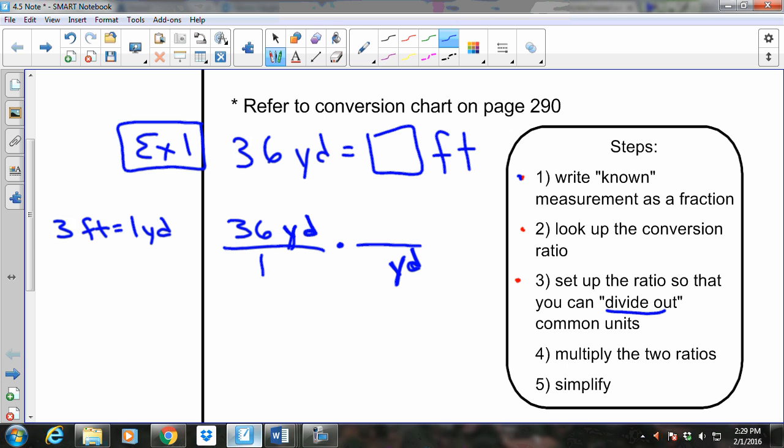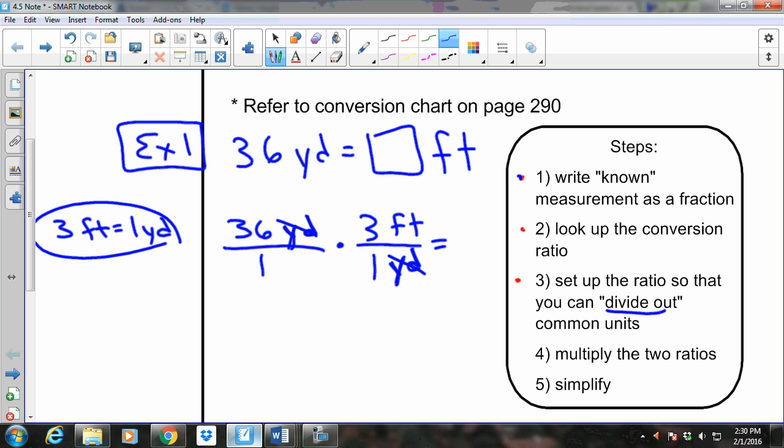You'll see why in a minute. Then go back and look at the conversion rate and say, okay, how many yards? 1 yard is for 3 feet. All right, now we have a math problem I'm going to actually do. So we're crossing these out, yards, yards. That's what the divide out means.